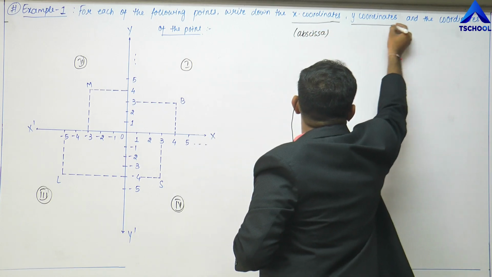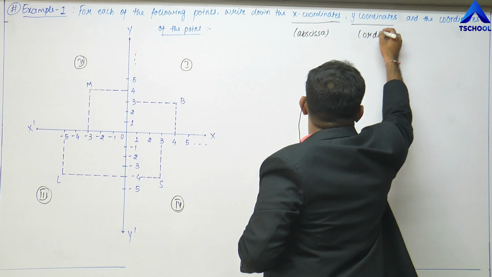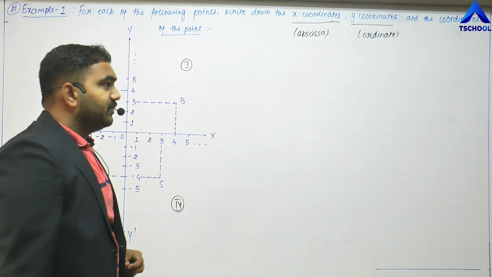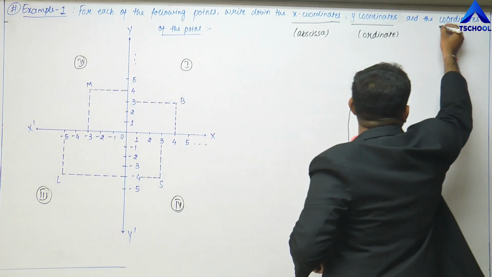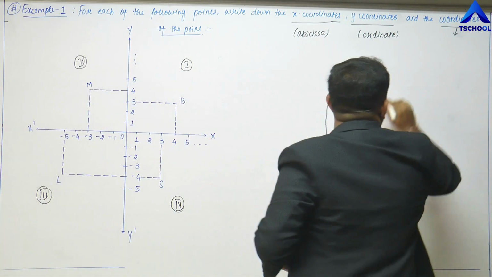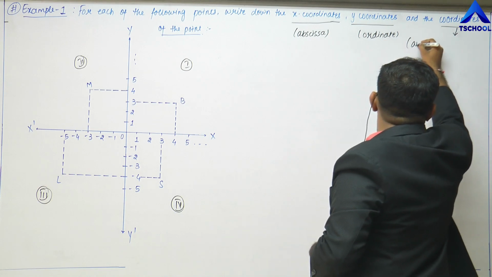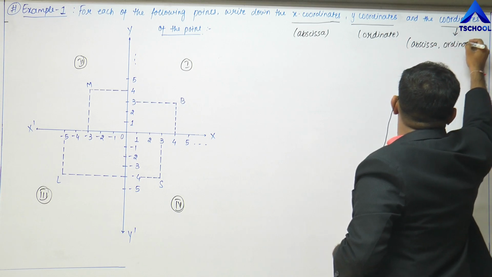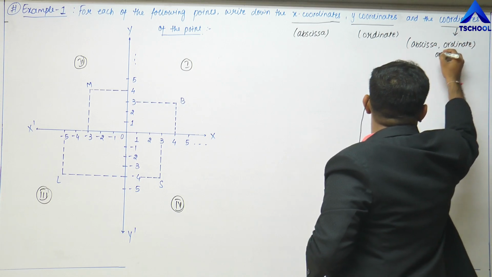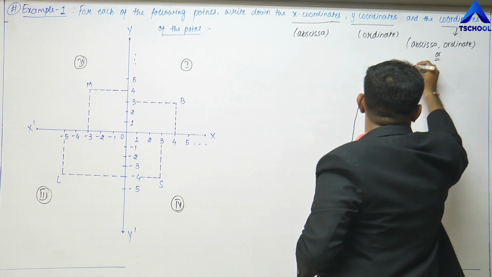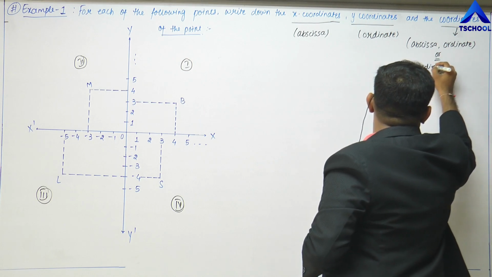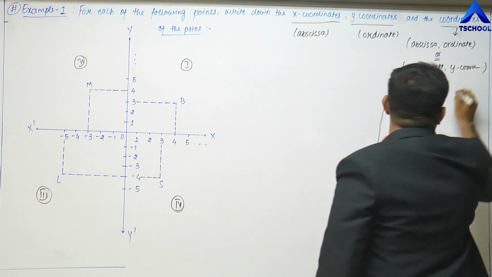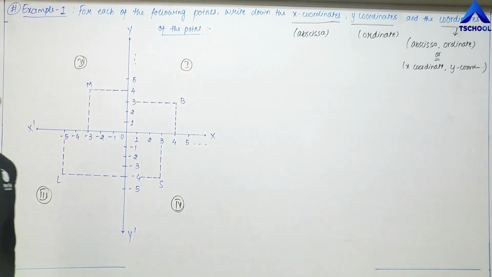The y coordinate is also known as the ordinate. And the coordinates of the point are combinedly made up of the abscissa, comma, ordinate, or as we have written, x coordinate, comma, y coordinate. So this is how the coordinates of the point are formed.